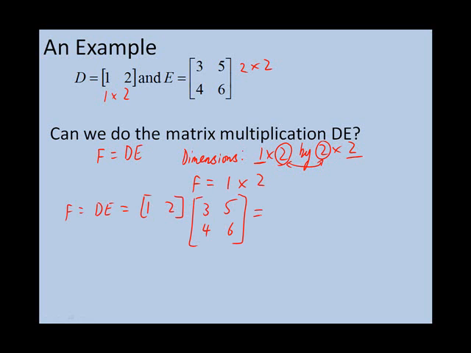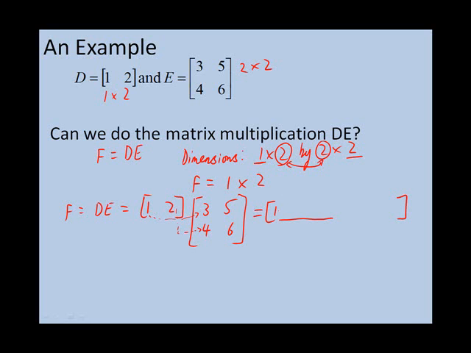Let's do this calculation for F, which is equal to D times E. First of all, we know that we're going to get a 1 by 2 matrix as a result of our multiplication. How does this work? The first element of F is going to be equal to 1 multiplied by 3 plus 2 multiplied by 4. So we do rows multiplied by the columns.